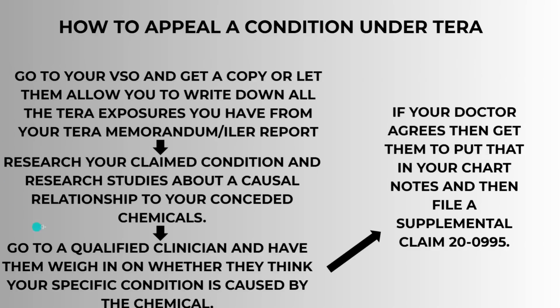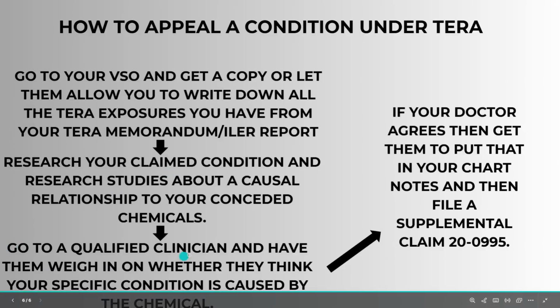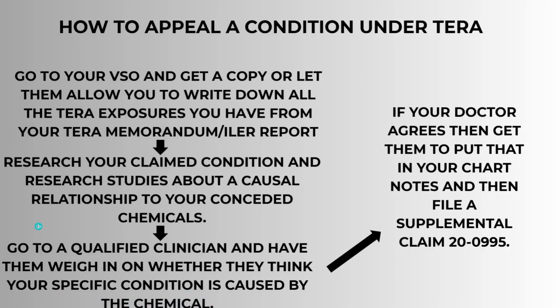Then you need to research what you claimed and do research studies about the chemicals that you were conceded and how they affect that claimed condition. Once you're done with that, you need to go to a qualified clinician and have them weigh in on whether they think your specific condition was caused by that chemical exposure. If your doctor agrees, then you get them to put that in your chart notes.